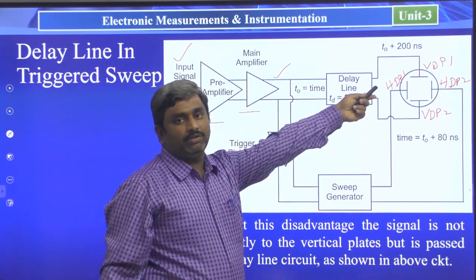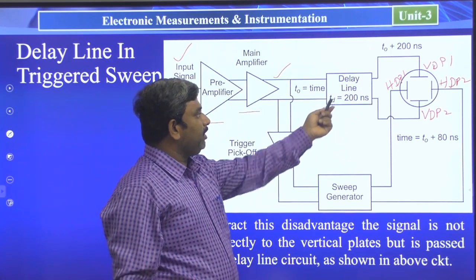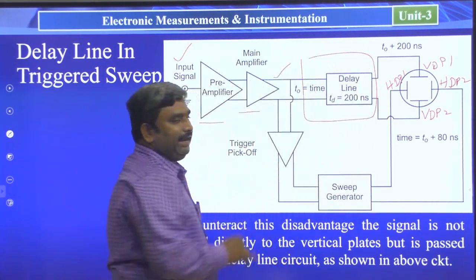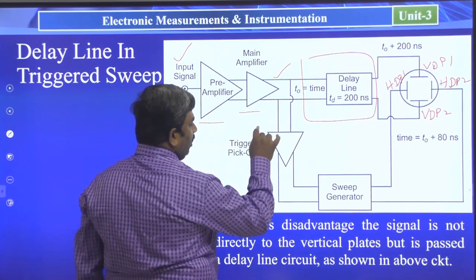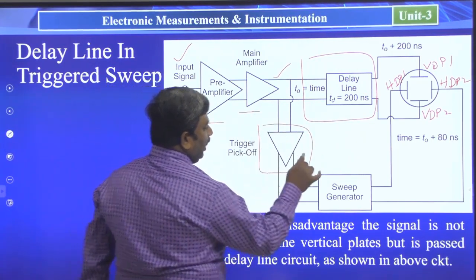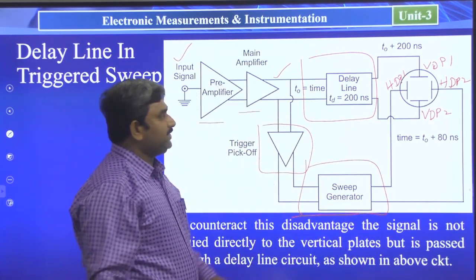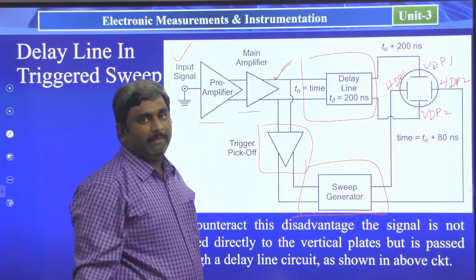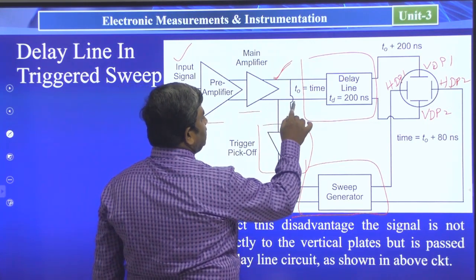Here we are giving the vertical amplifier output to the vertical deflection plates by using a special circuit called delay line. And here we have a trigger circuit and a sweep generator circuit. For example, whenever the signal is available at the output of the preamplifier, the time value I am considering is equal to T0.